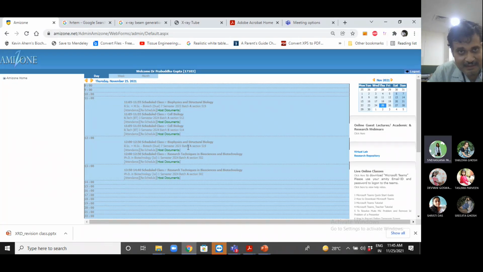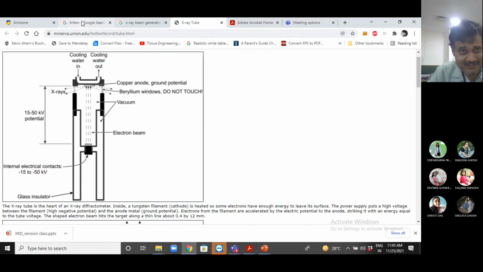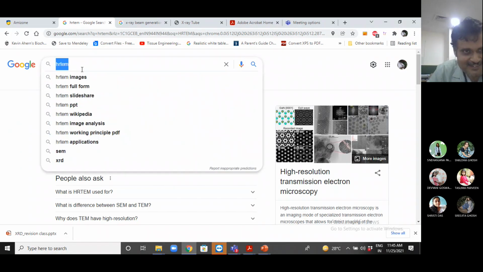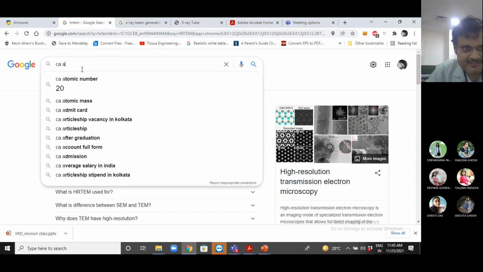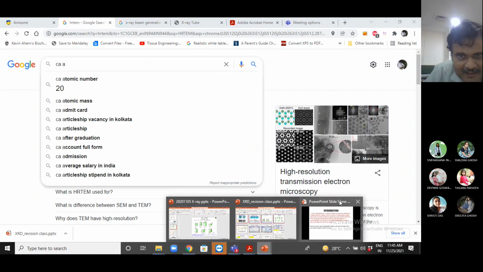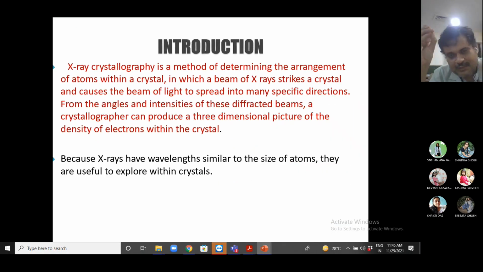Sir, 20. 20. Oh, mass is 40, correct. Sorry. 20. So 20 electrons will scatter more than 1 electron. So you can easily determine whether it is calcium or a hydrogen.